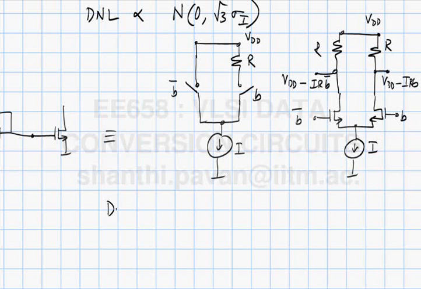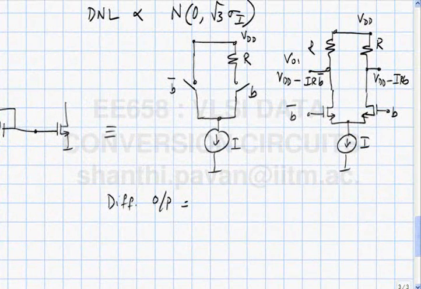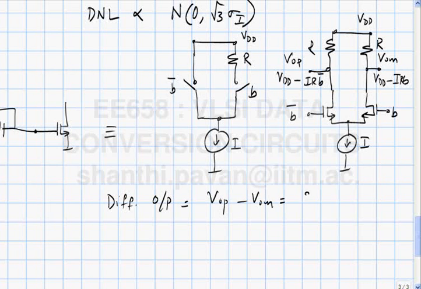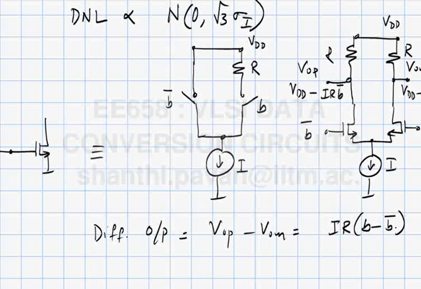So the differential output voltage, if I call these VOP and VOM, VOP minus VOM is nothing but 2IR times, I'm sorry, B minus B bar I guess, so it's plus or minus IR.